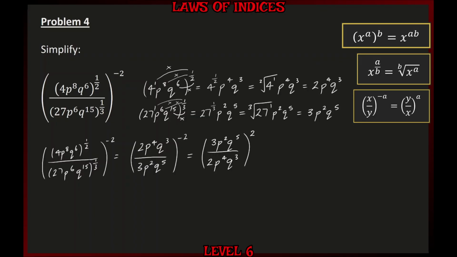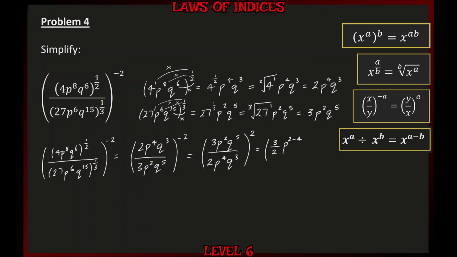Within our bracket, we're dividing the numerator by the denominator, so we can use this law, which tells us that when we divide indices, we subtract the powers. So starting with 3 divided by 2, this gives us 3 over 2. Next, we have p to the power of 2 divided by p to the power of 4, which is p to the power of 2 minus 4.